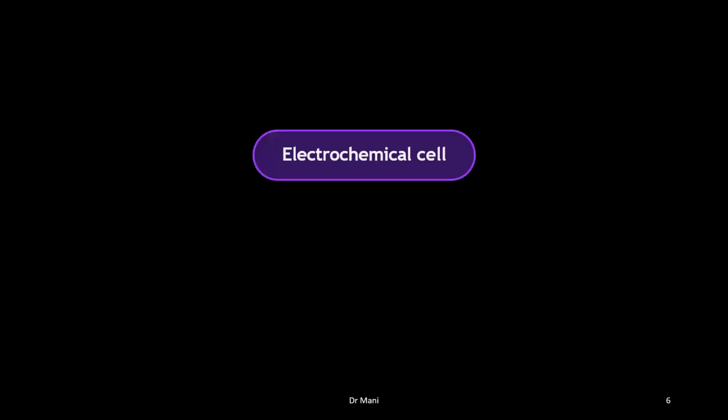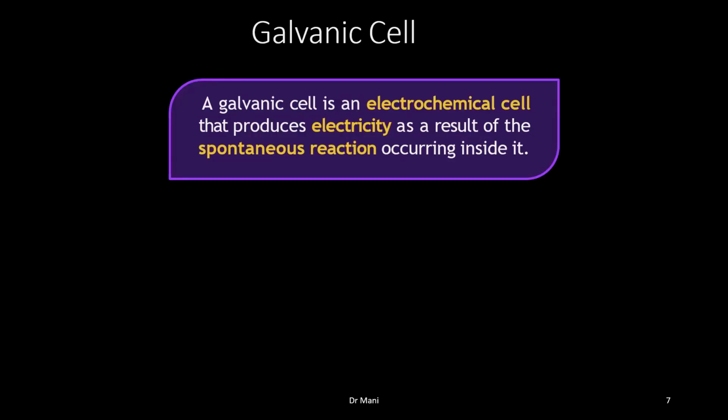So when we talk about the electrochemical cell, there are majorly two different types. One is the galvanic cell, the other one is the electrolytic cell. We'll see the difference between the galvanic cell and the electrolytic cell. So this galvanic cell is also known as the voltaic cell.